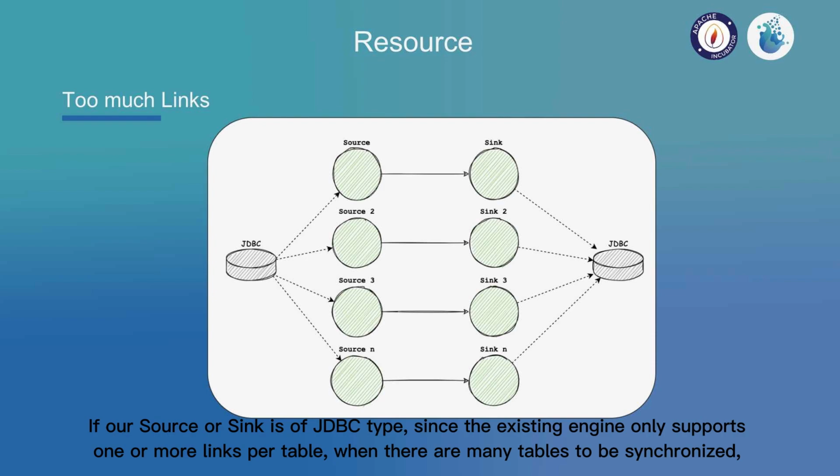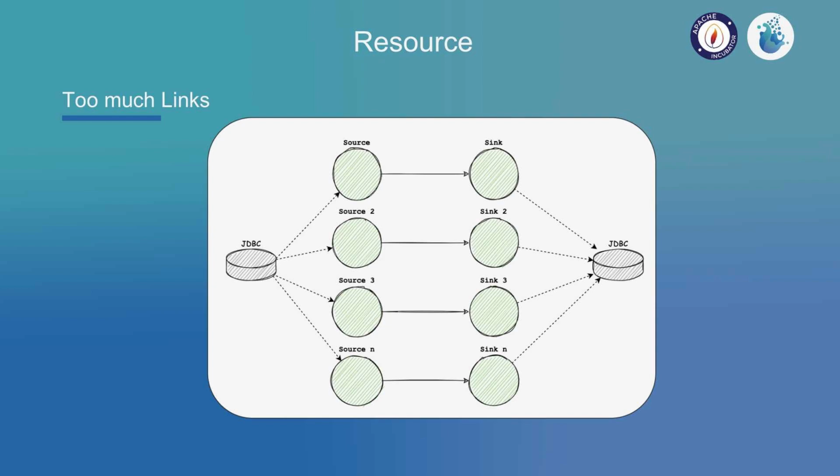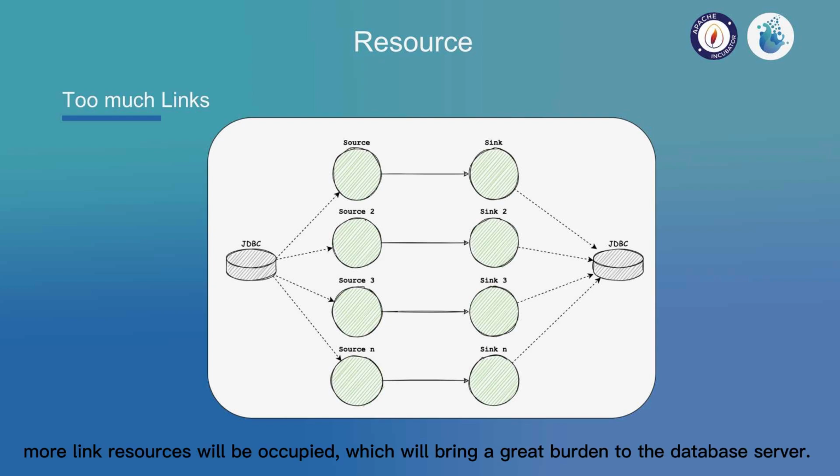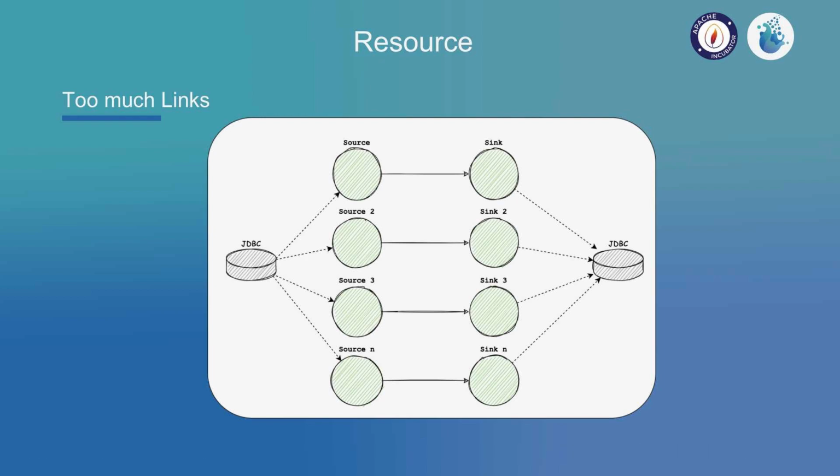If our source or sink is of JDBC type, since the existing engine only supports one or more links per table, when there are many tables to be synchronized, more link resources will be occupied, which will bring a great burden to the database server.